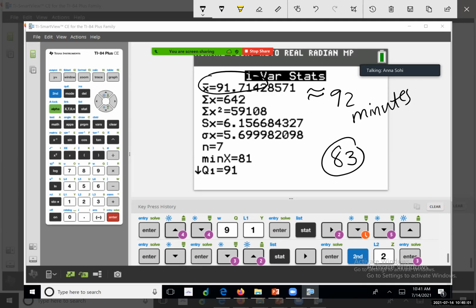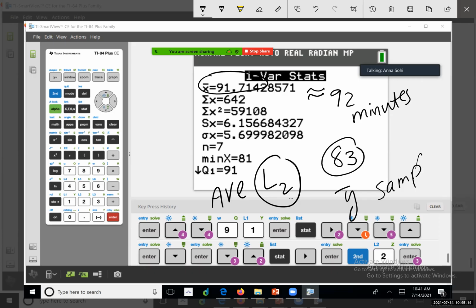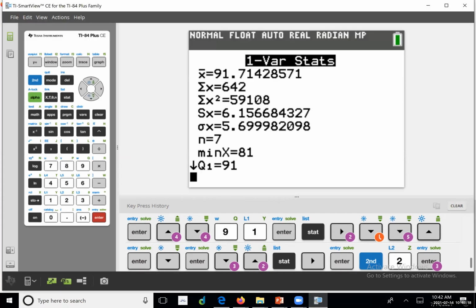So if the line is not a best fit, then you're going to use L2 and find the average of L2, or average of Y for the sample, the mean of the sample. Okay. If the p-value is large, then we do not use the line for the prediction. We use y bar, the average of y.